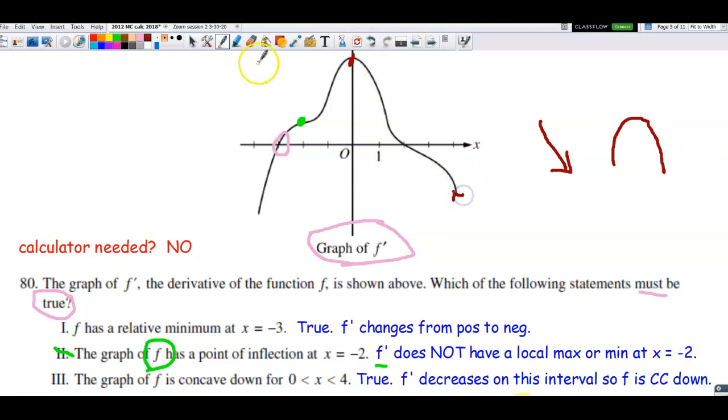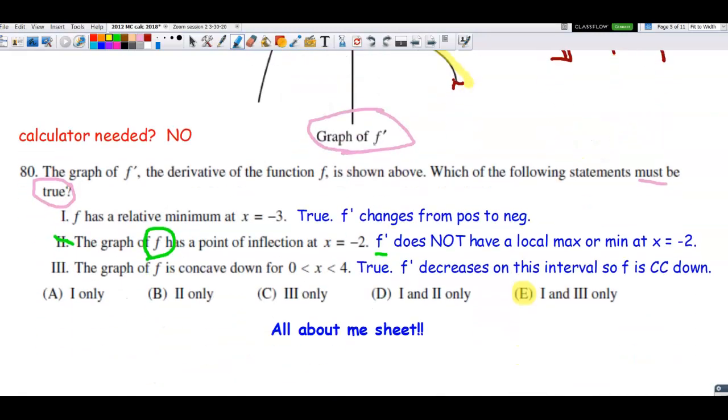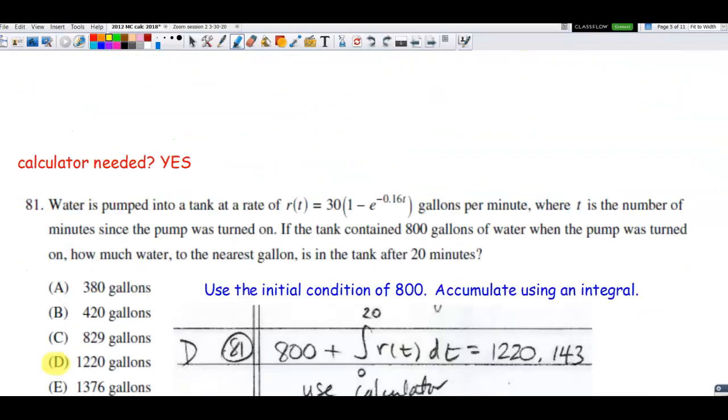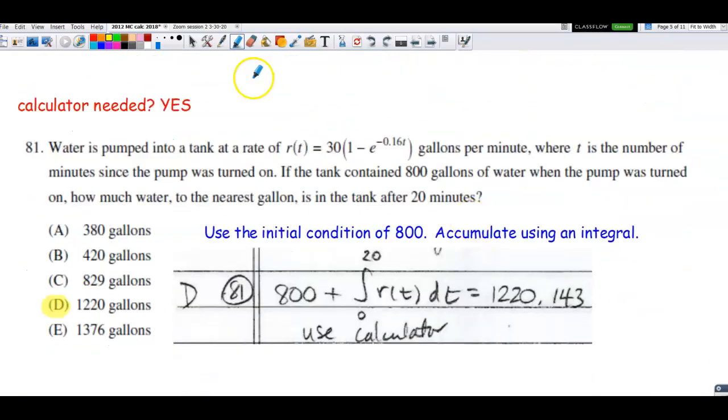And on that interval, let's get a highlighter, on that interval, the graph is decreasing the entire time. So that is a true statement. So we will select E, 1 and 3. All About Me sheet. Really, really important. Most of your tests will be connected in some way to the All About Me sheet.